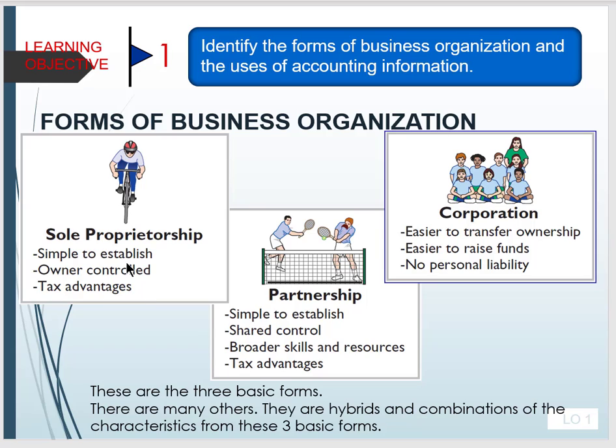You just have yourself. Now, it's obviously owner controlled. There's some tax advantages to this, but there are also some disadvantages. The disadvantages being that really if you're not working, you're not making money. So time is eaten up quite a bit when you're a sole proprietor.